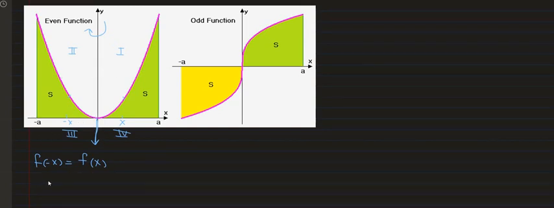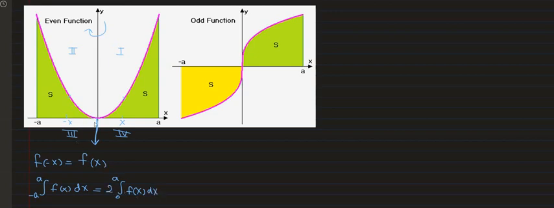If we have the integration of such a type of function from negative constant to the same constant, we can rewrite this integral and make use of the fact that the function is repeated, so we can just integrate from 0 to a the f of x dx, which is even, and then we add 2.